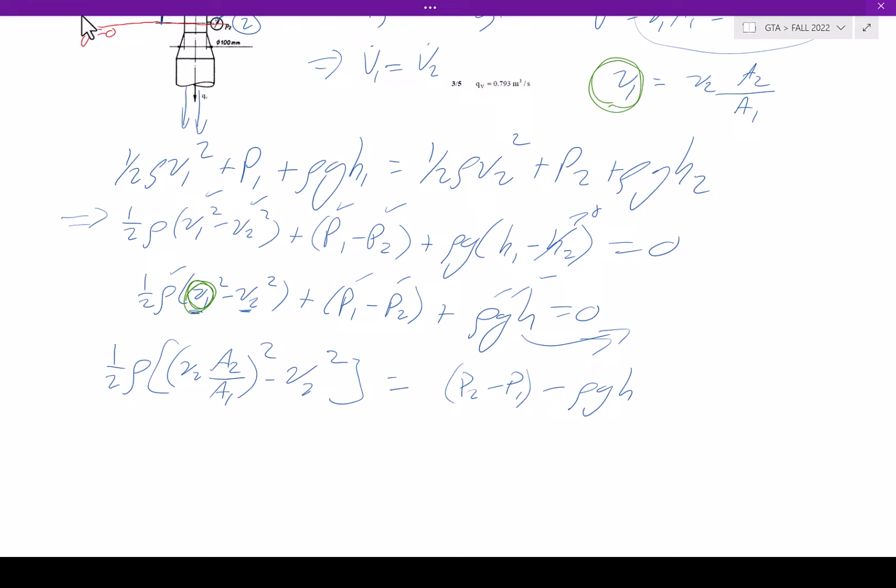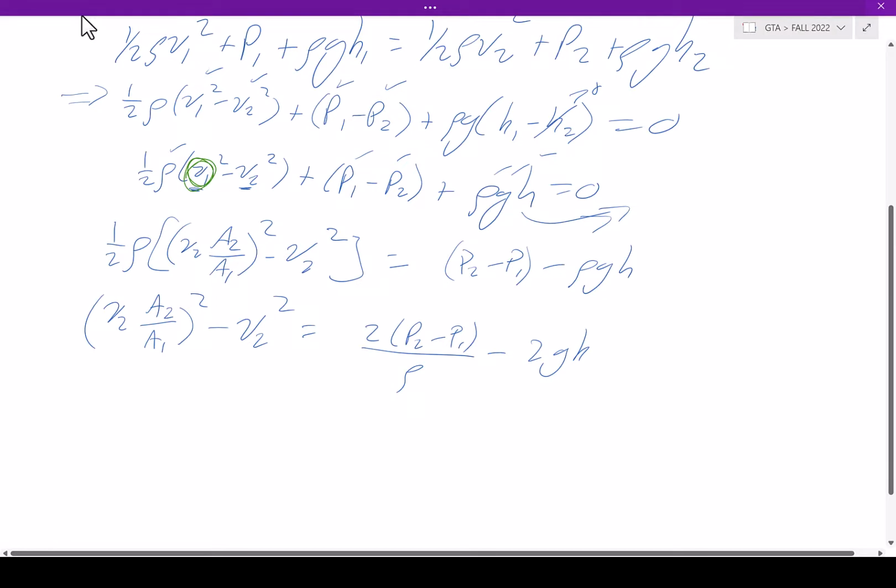So we're rearranging now, moving the rho and the 2 over, we get V2 squared times (A2 over A1, squared, minus 1) equals 2 times (P2 minus P1) over rho minus 2GH, because the rhos are going to end up canceling. Now it's just algebra, factoring out the V2 squared.